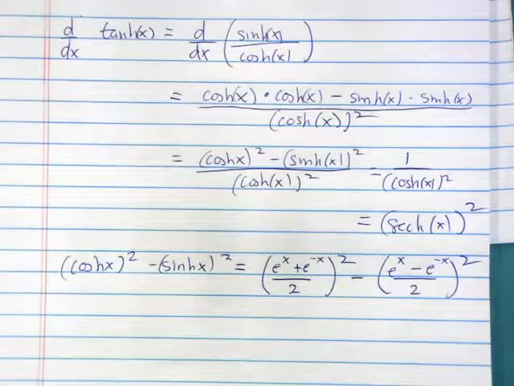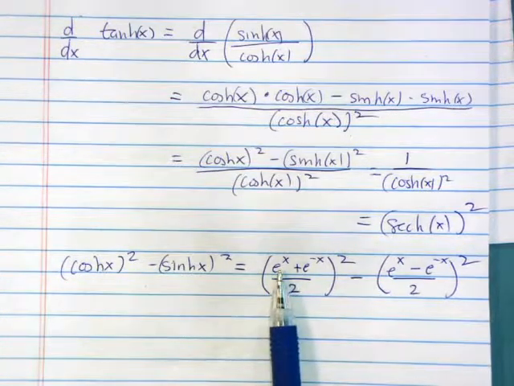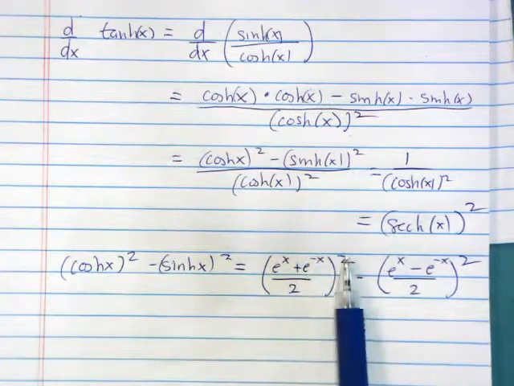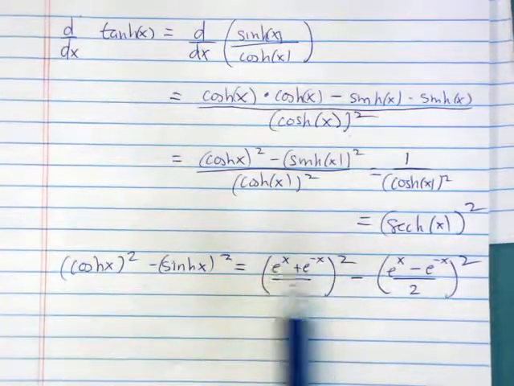What can I do to simplify that? Well, how do I take e to the x plus e to the negative x and square it? That's a binomial, right? Two things. So I've got to FOIL it out.